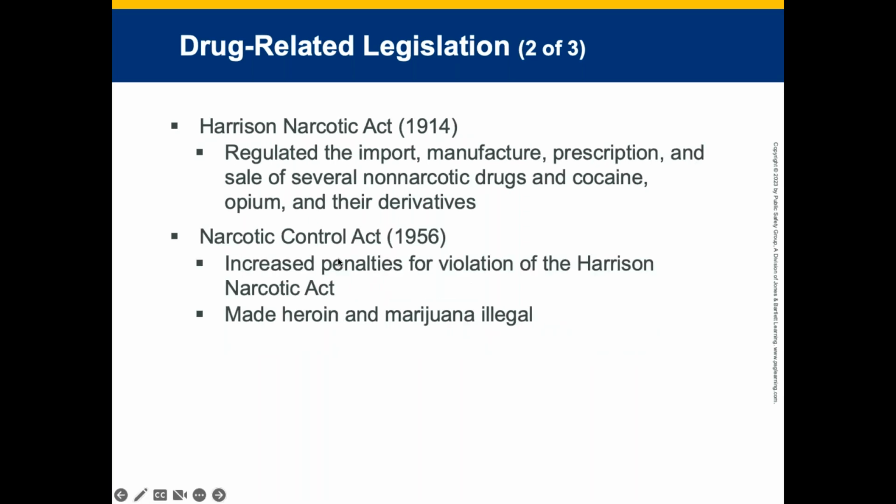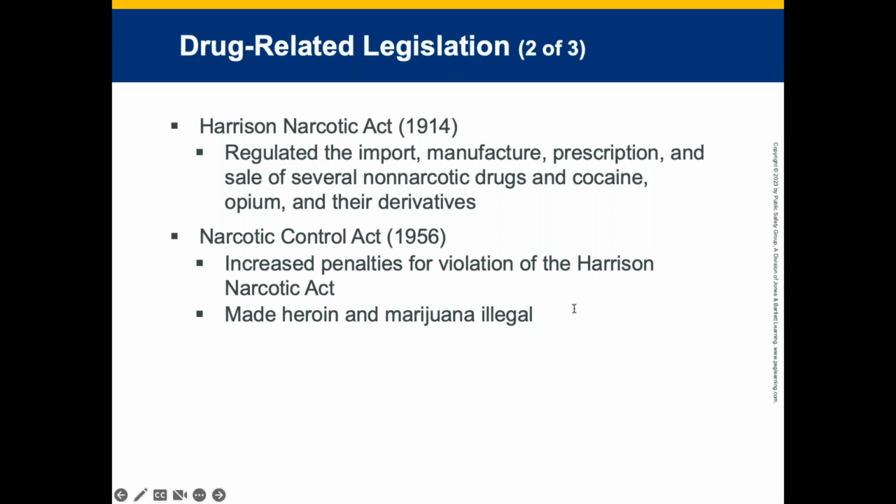The Harrison Narcotic Act of 1914 regulated importation, manufacture, prescription, and sale of several non-narcotic drugs and cocaine, opium, and their derivatives. So back then, it was regulated that you could purchase cocaine and opium.